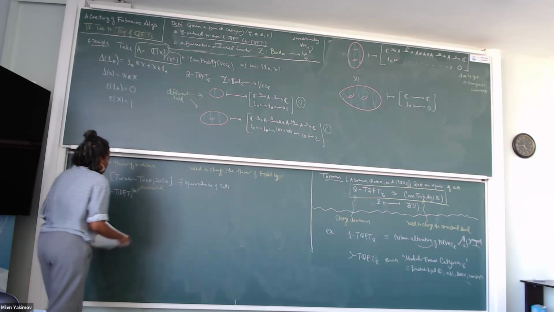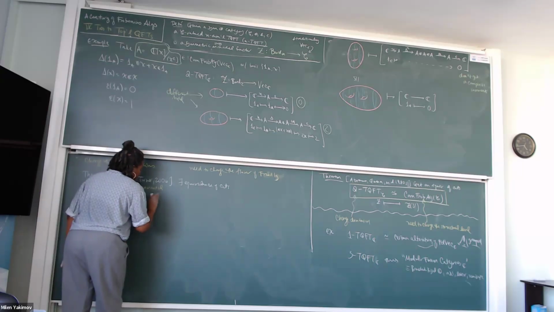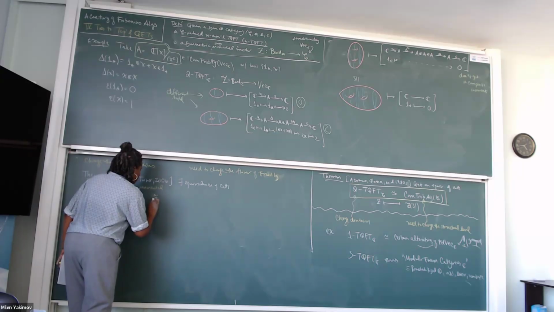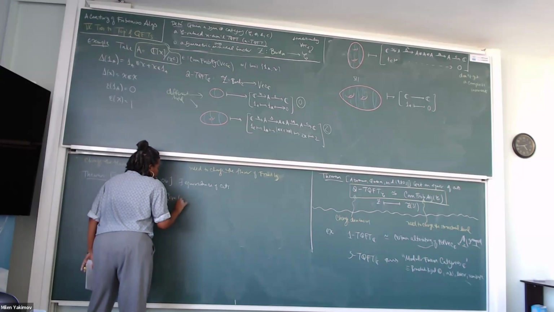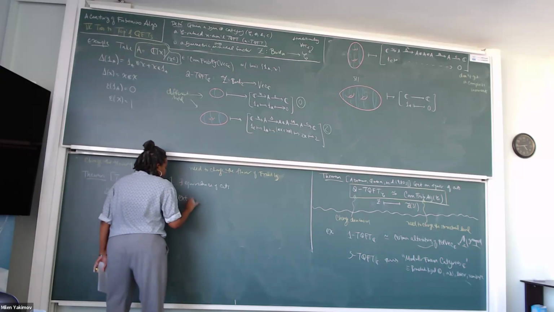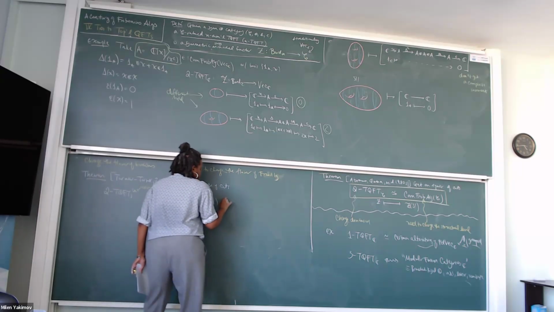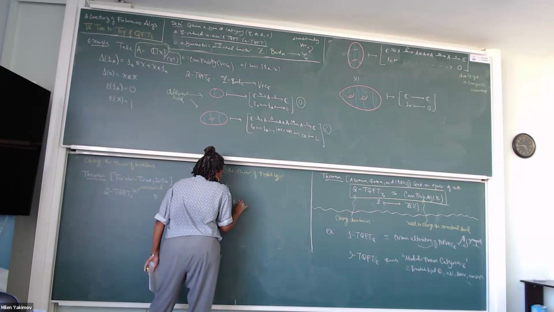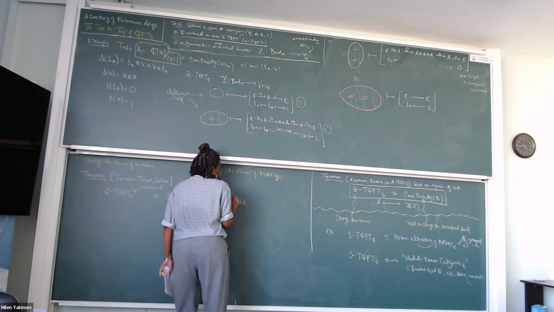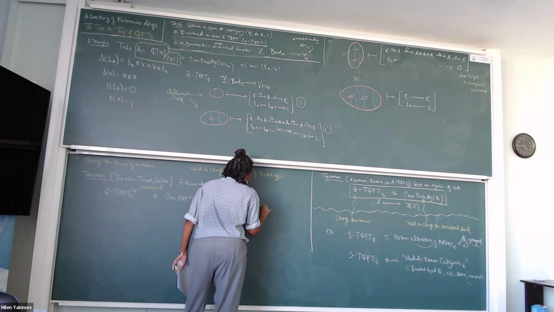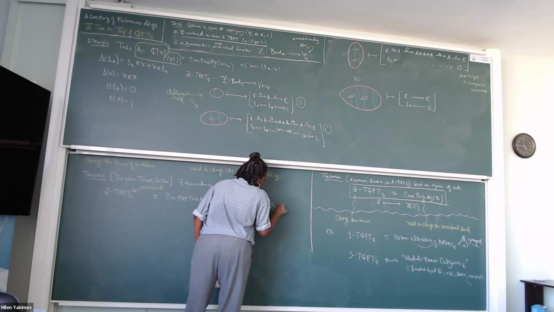The price we have to pay to do that is that on the right-hand side, we get these things called extended Frobenius algebras. I'll describe what they are.